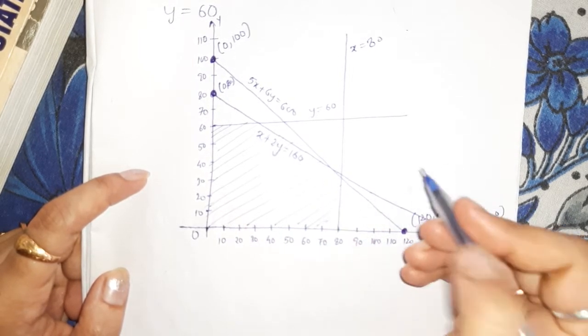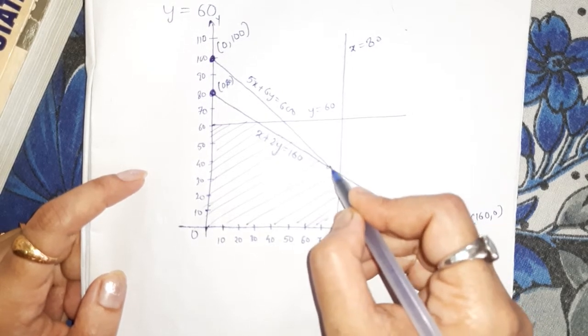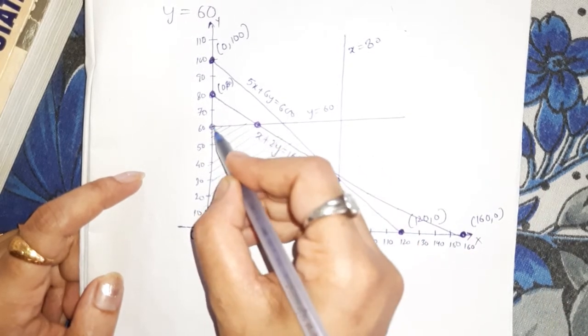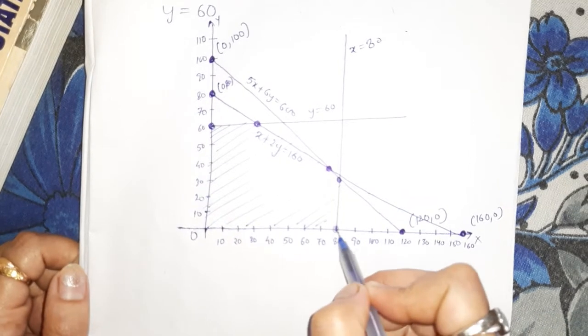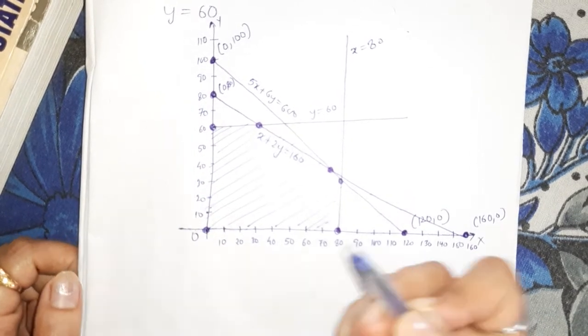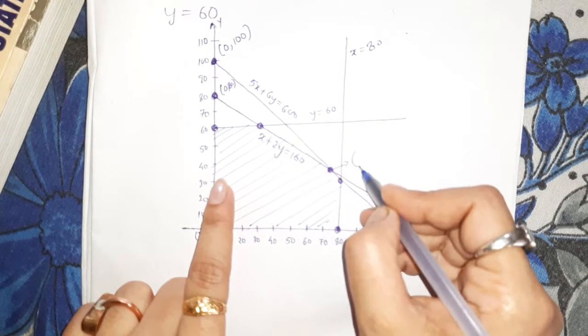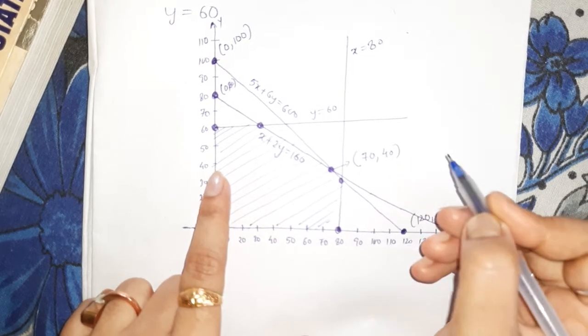Now here we have corner points. This one, this one, this one and this. Here 5, 6 corner points we have. This point is 70 and 40.